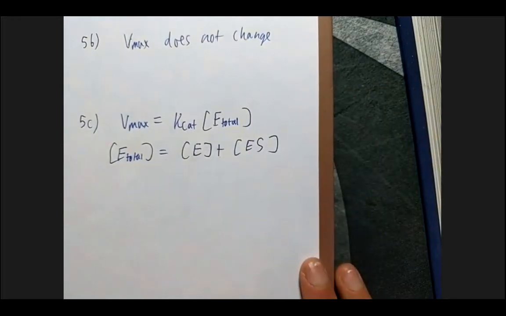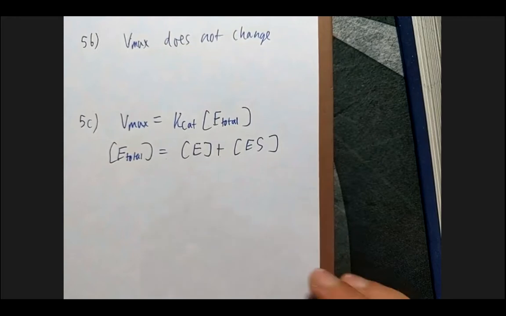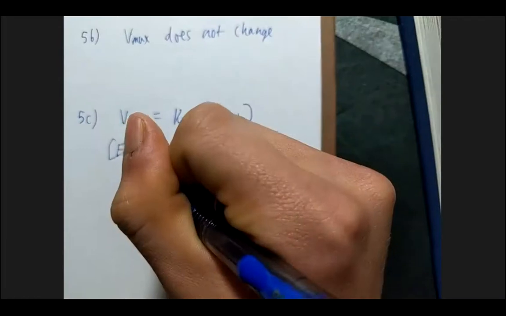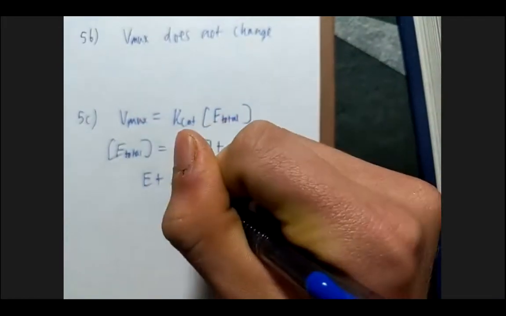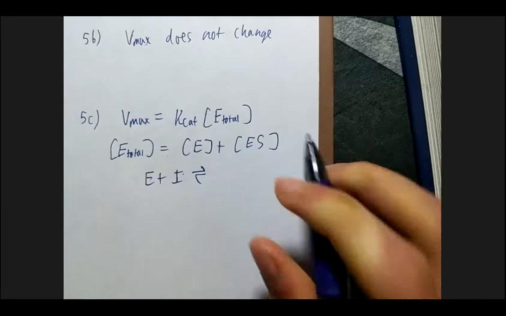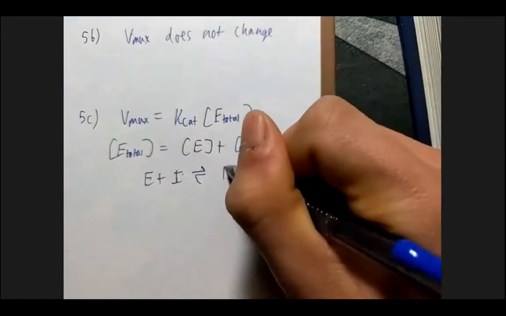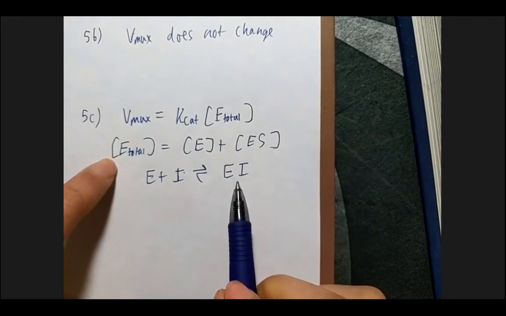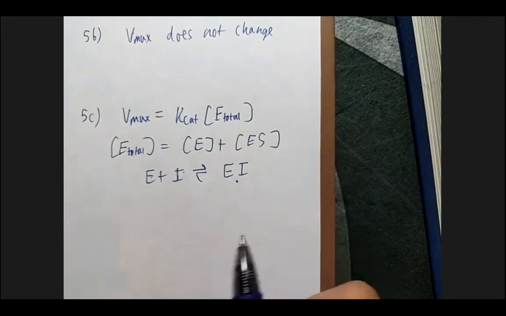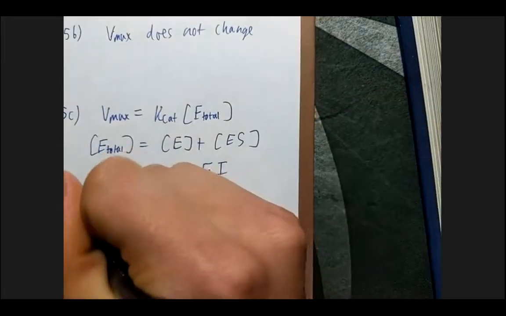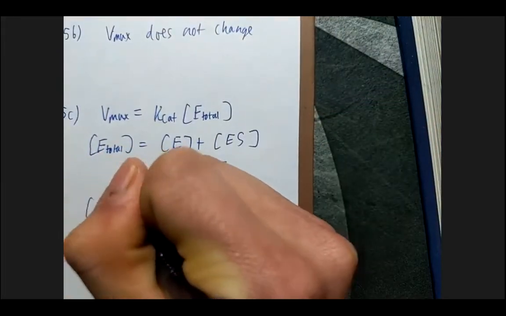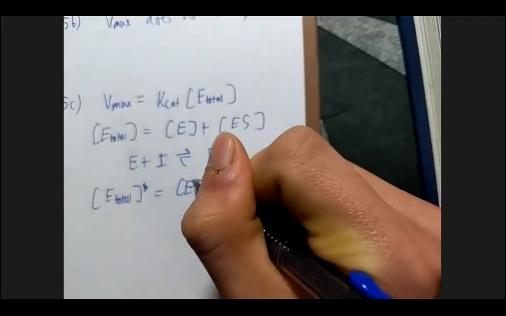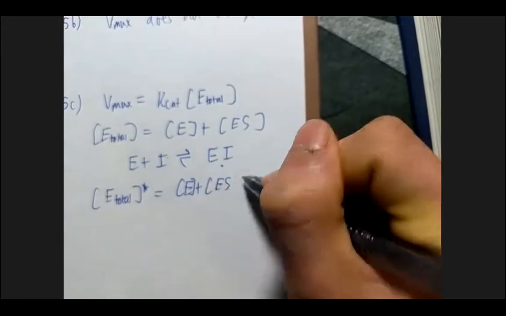But when you add in an inhibitor, this inhibitor also interacts with the enzyme, where it's enzyme plus I, the inhibitor, and that forms a complex EI. So you have to consider this EI when you consider E total. Now E total for this reaction would be E plus ES plus EI.